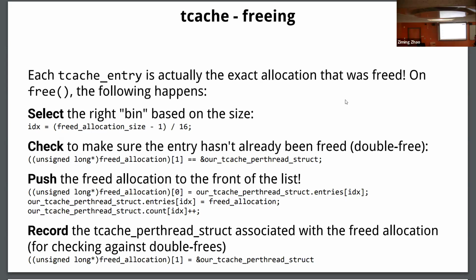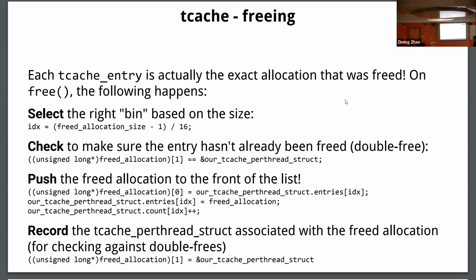That will be 8 bytes or 16 bytes for 32-bit or 64-bit systems. Then this is exactly how the C library, the Tcache version, puts those freed malloc chunks back to the bins.